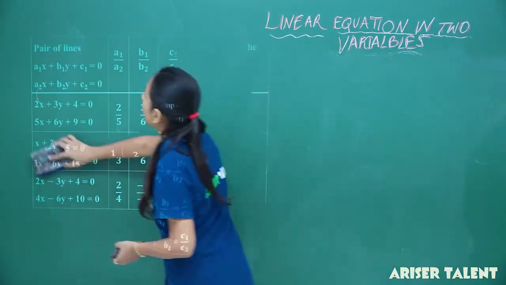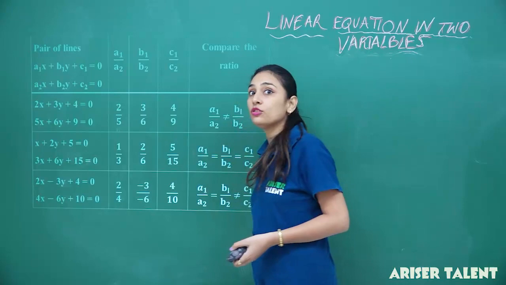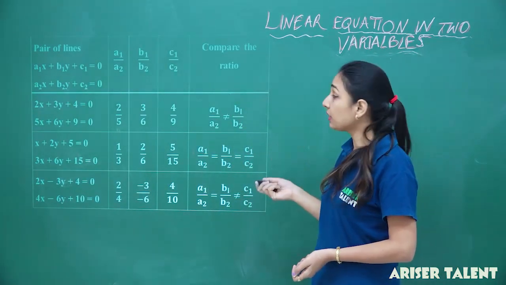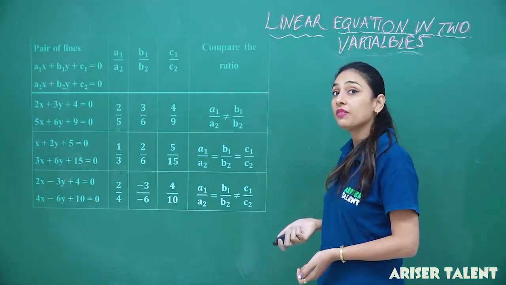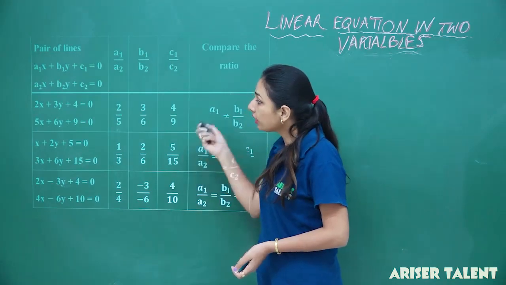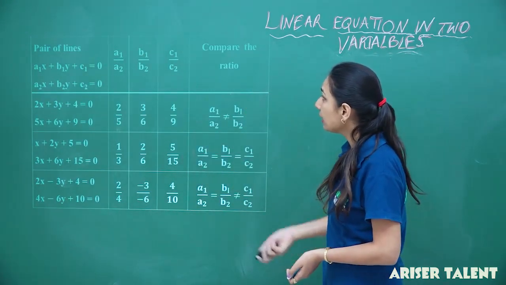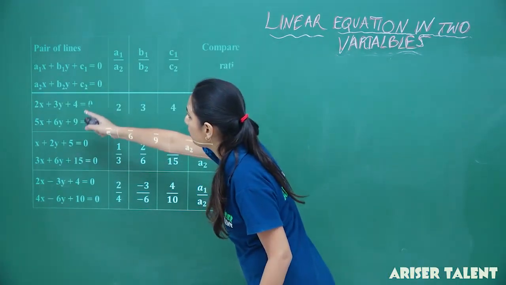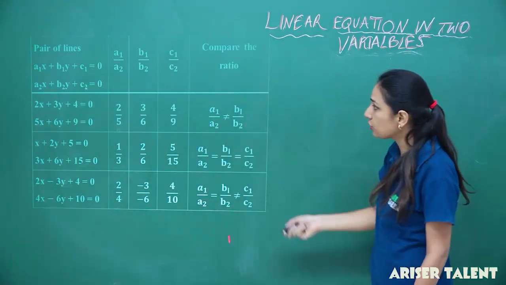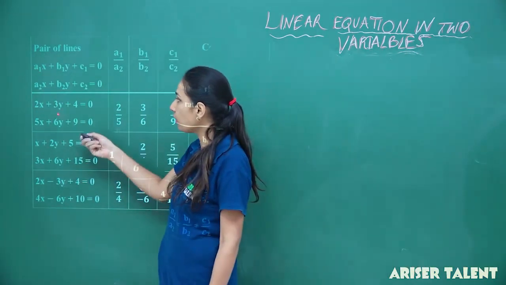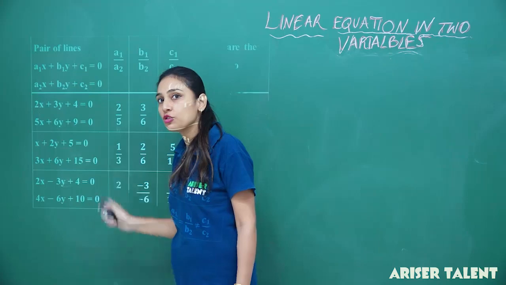Here I am having a pair of lines, that is a1x plus b1y plus c1 equals 0 and a2x plus b2y plus c2 equals 0. Now in this condition we have discovered that these ratios, a1, a2, b1, b2 and c1, c2, will show something. Sometimes we have a1 by a2 not equal to b1 by b2.